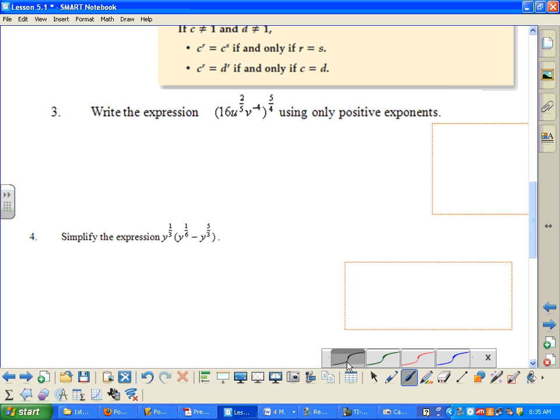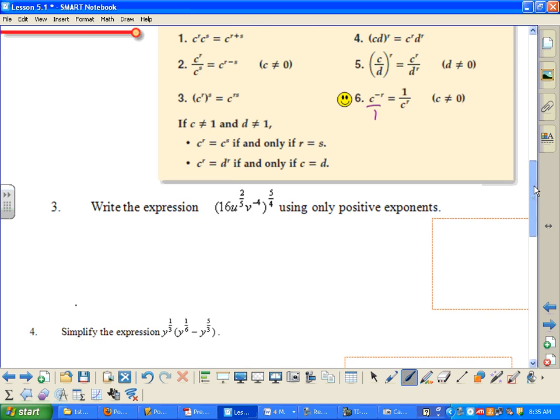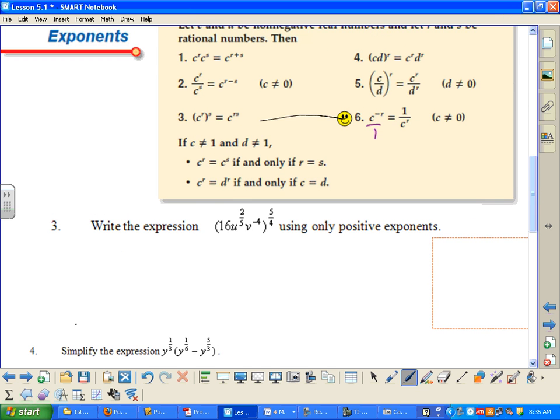This means that we have 16 raised to the 5/4 power, u to the 2/5 power raised to the 5/4, and v to the -4th raised to the 5/4. We're going to take the rule that says when I have an exponent on the outside of the parentheses, I multiply it by the exponents on the inside. I can think of it like number 3 or number 4.